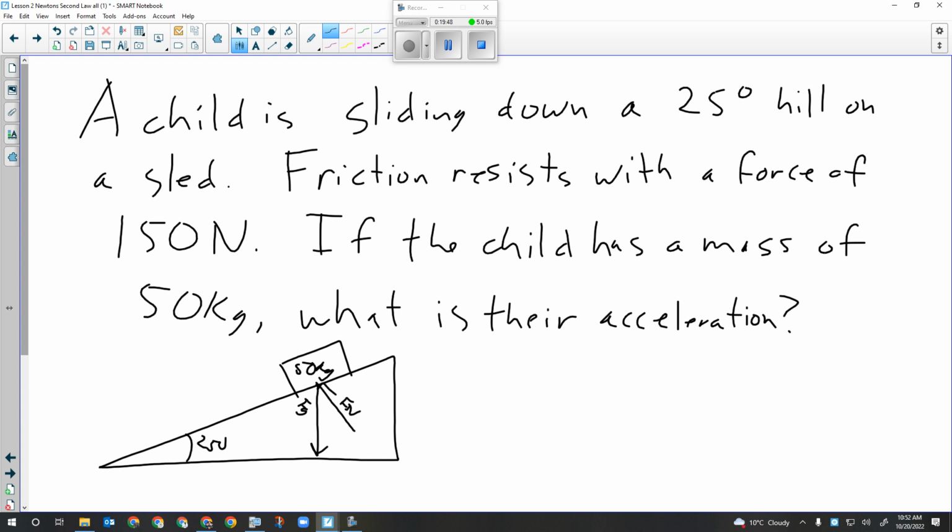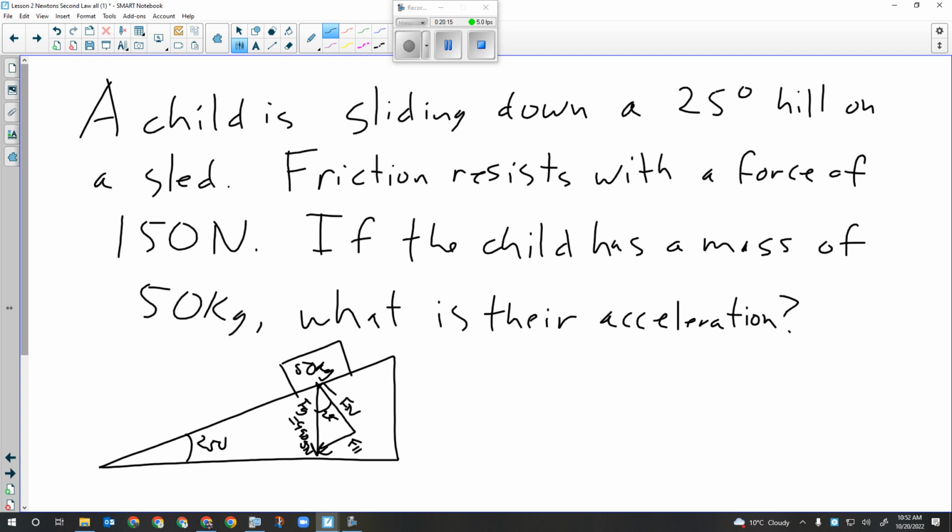This time, we're not given the force of gravity. Every other one we've done today, they told us the thing in newtons. This time we have to calculate the force of gravity, so we go 50 times 9.81, and that gives us 490.5 newtons. Now I've got the force of gravity, and I know the angle, 25, so I can get F parallel.